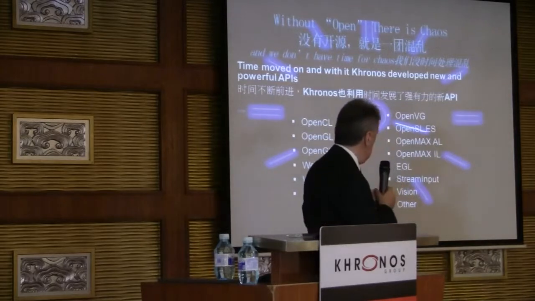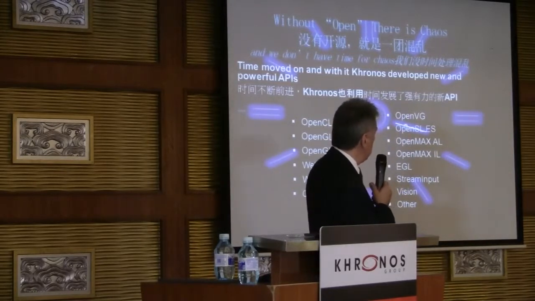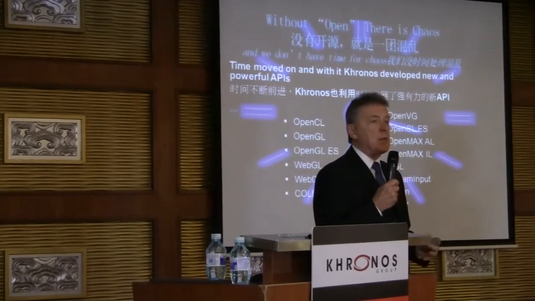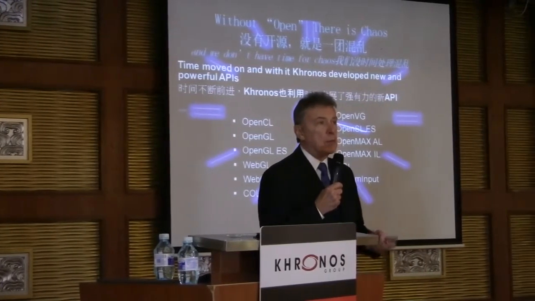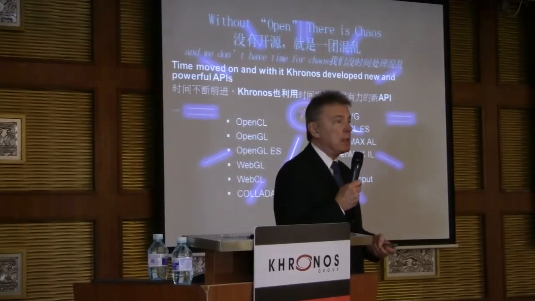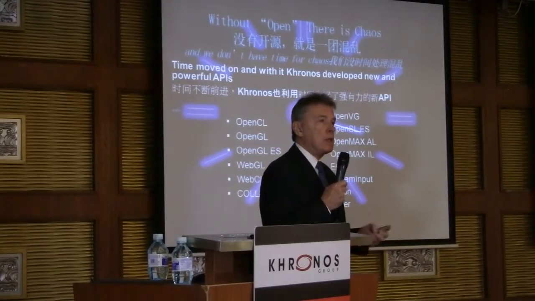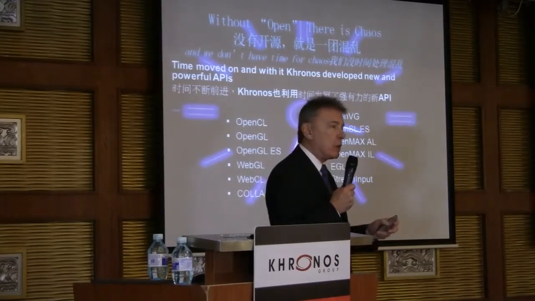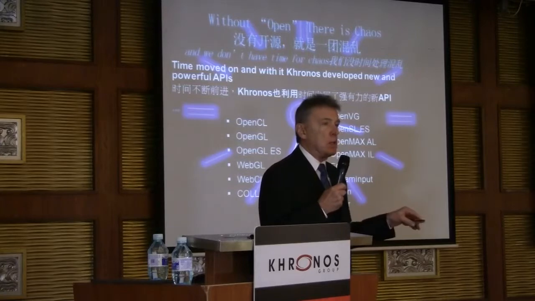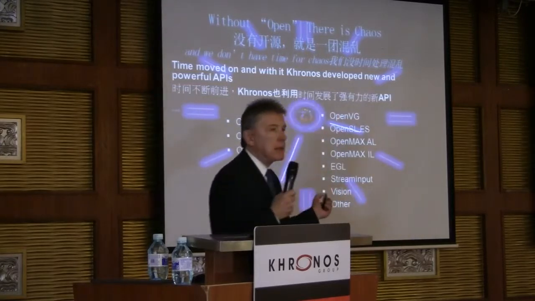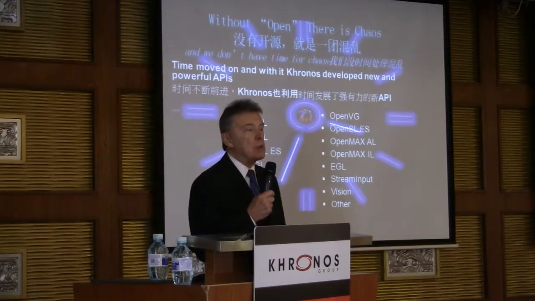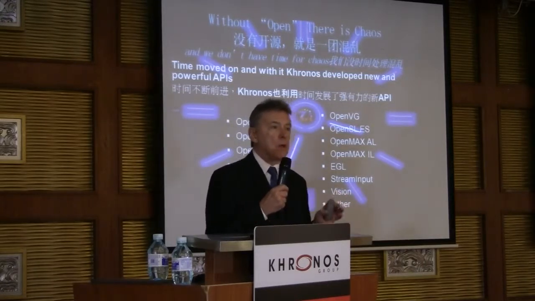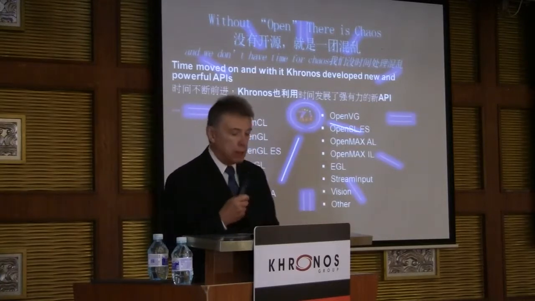All of these APIs were requests from the industry to solve the same kind of problem that the original popular API, OpenGL ES, solved. They wouldn't have asked Khronos to do this if it wasn't a good formula, if the teamwork wasn't good, if the specification wasn't good. So the 15 APIs that Khronos has since developed is, I think, the most positive proof that you can find that they've got the right formula, the right kind of business model for the industry.